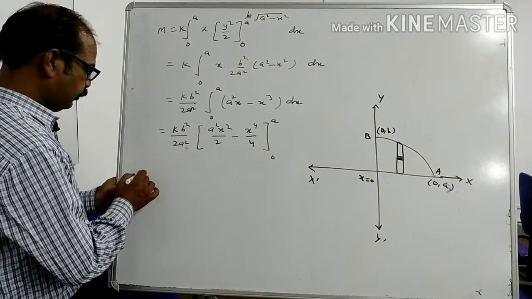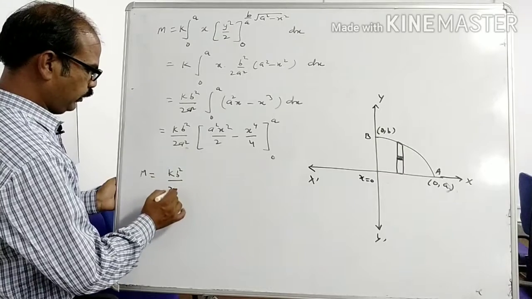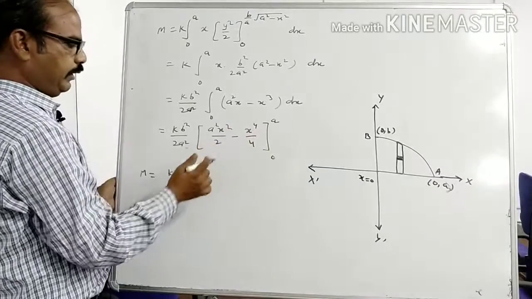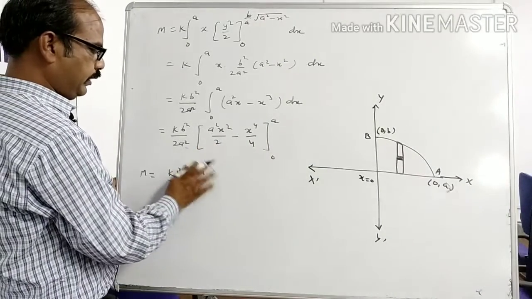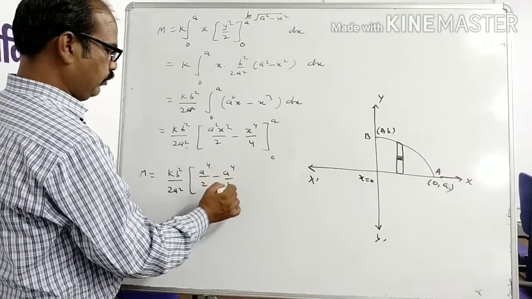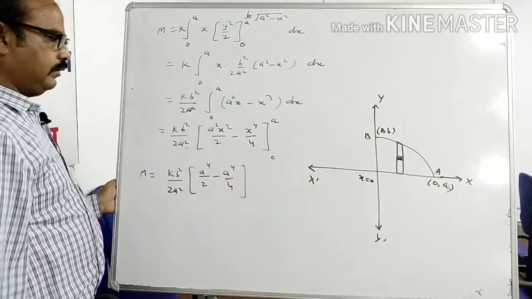So m equals k b square by 2a square. After substituting the limit, we have a to the power 4 upon 2 minus a to the power 4 upon 4, and the lower limit is 0, that is why it is 0.